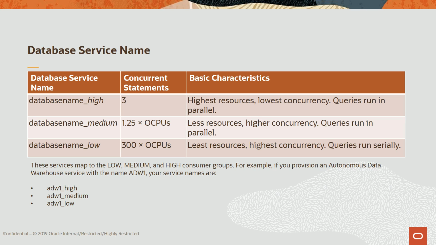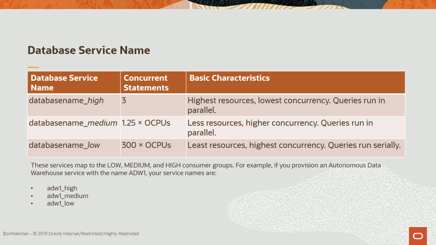At the beginning of the project, we connected to ADW with the medium service name. So it means that at the same time, the system only allows a maximum of 5 SQL statements to run. So with more than 200 users accessing the system, we had a performance issue.